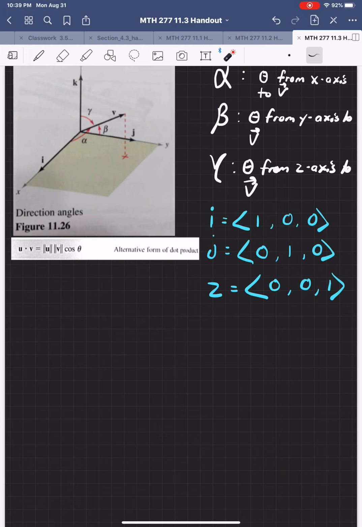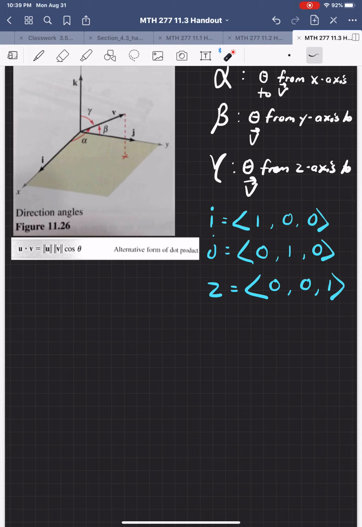And what you're going to see is that vectors in space actually have three angles that are of importance. So we label the angles alpha, beta, gamma, and each angle has its own axis from which it's measured.